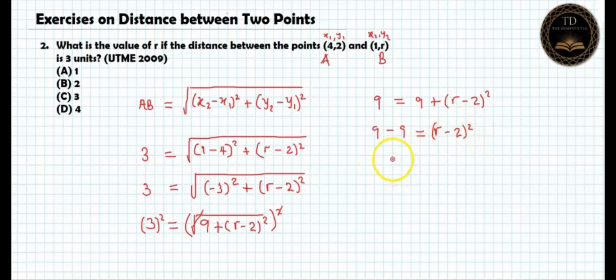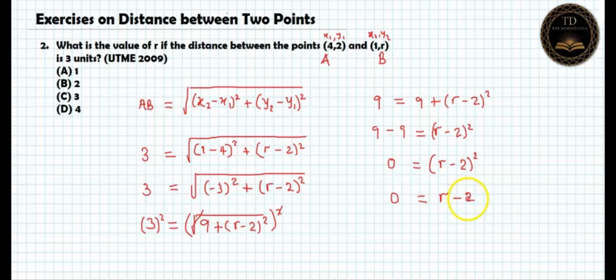Okay, of course 9 minus 9 is 0, and it's equal to r minus 2 all squared. Now to remove the square here, we'll take the square root of both sides again. So if I take the square root of this, remember the square root of this will take off the square, and the square root of 0 is 0. So I'll just have this is equal to r minus 2.